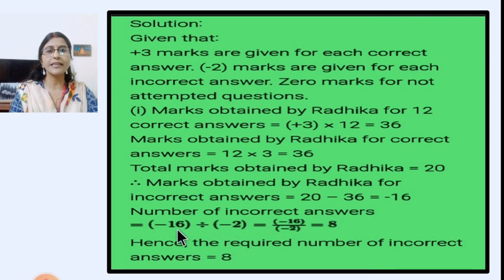So minus 16 will be divided by minus 2, then we can get how many answers she got incorrect. Minus 16 divided by minus 2, you will get 8. Hence, the required number of incorrect answers is equal to 8. So she got 8 answers incorrect.